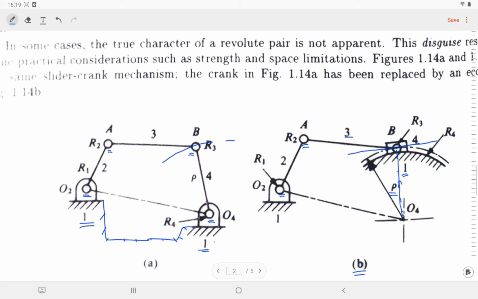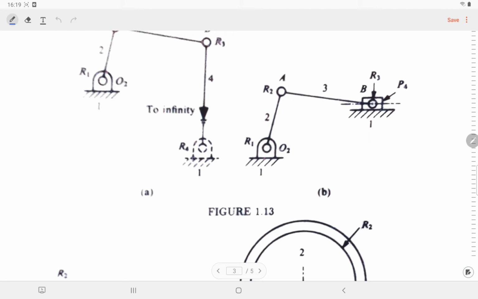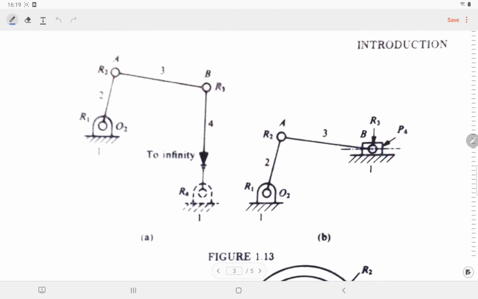and then it looks like a slider crank mechanism. Maybe in the next picture it will be very clear. If I keep on increasing this bar, then the movement of this particular point will be a straight line like this.